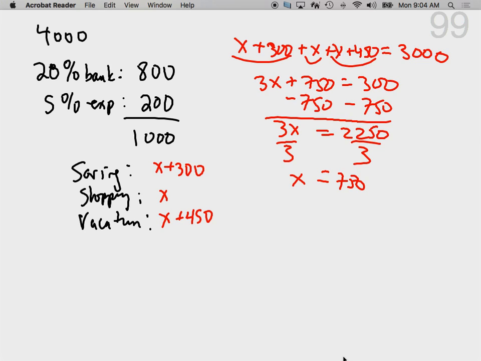The tricky part of this question was that first you had to figure out 20% was 800 and 5% was 200, so that's up to 1,000. Take the 1,000 off the 4,000, and you only add up to 3,000.